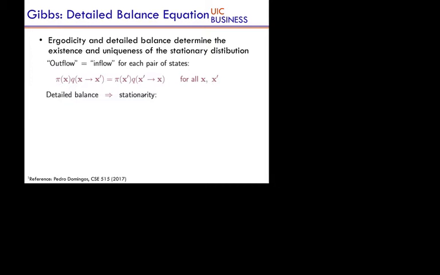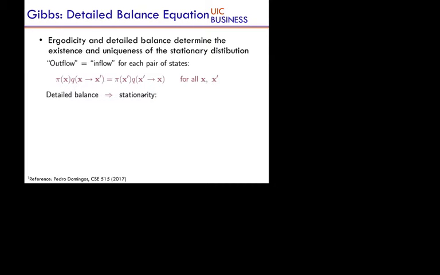Is this a necessary condition or a sufficient condition? It's just a sufficient condition. We are just verifying: if pi satisfies this, then it is the stationary distribution.